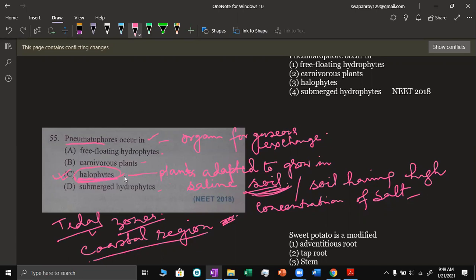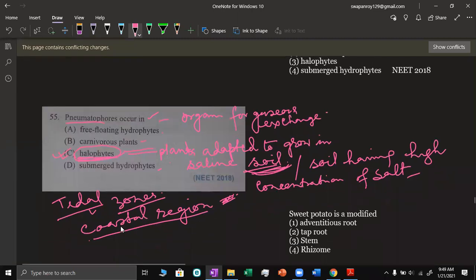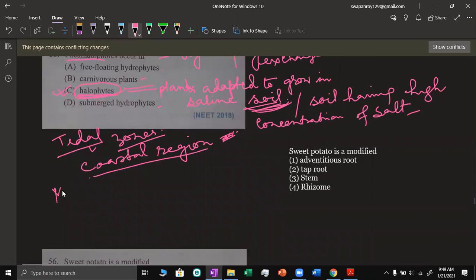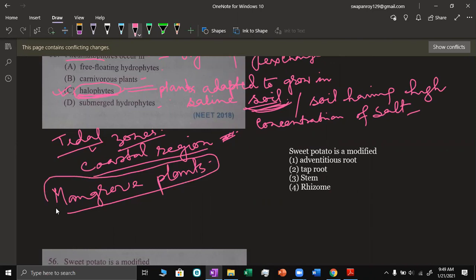So these are the halophytes, and these are also known as mangrove plants.